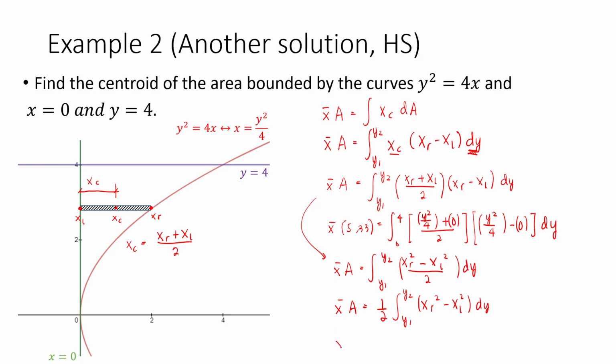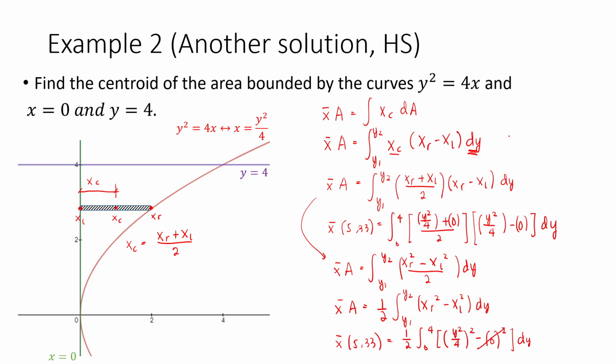So once I plug in my equation, my equations are a bit simpler to input in the calculator because it's simple now, right? Simplified version already. So y squared over 4 squared, and then minus 0 squared and dy.